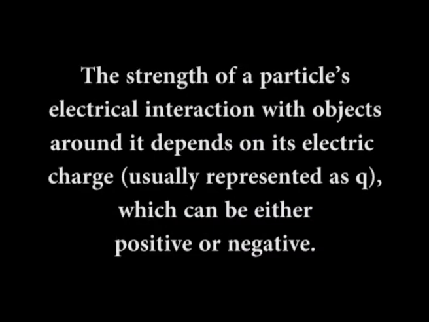So friends, here we come to the end of our discussion in this lecture, and therefore we sum up. The strength of a particle's electrical interaction with objects around it depends on its electric charge, usually represented as Q, which can be either positive or negative.